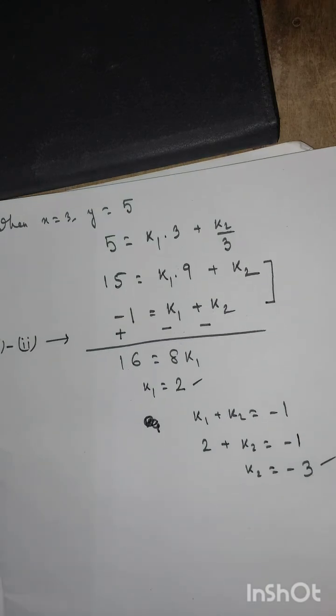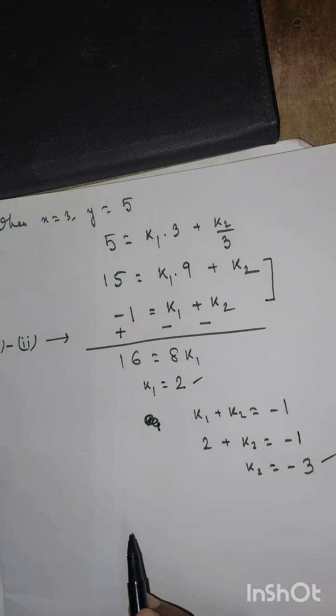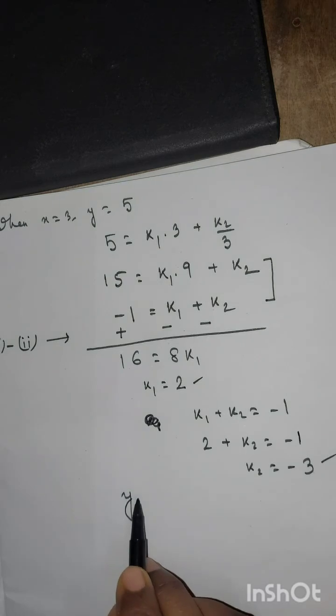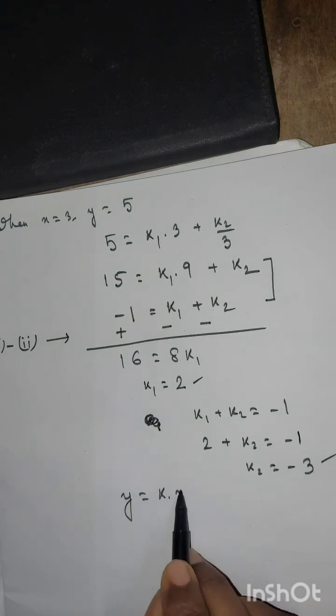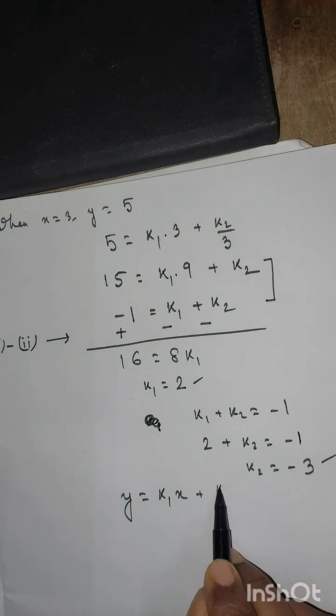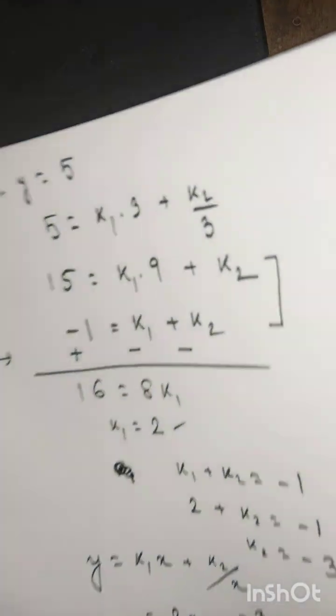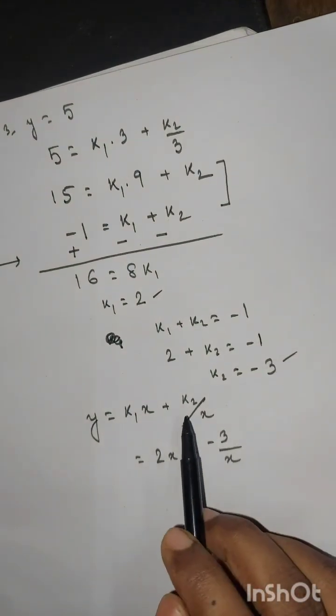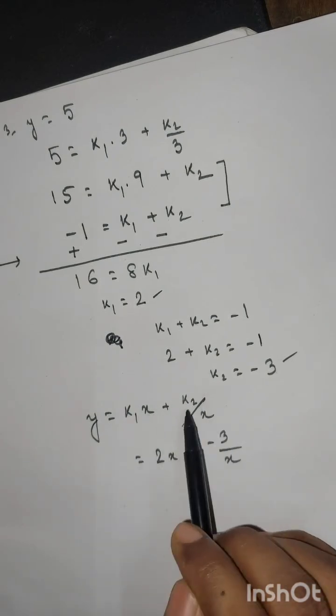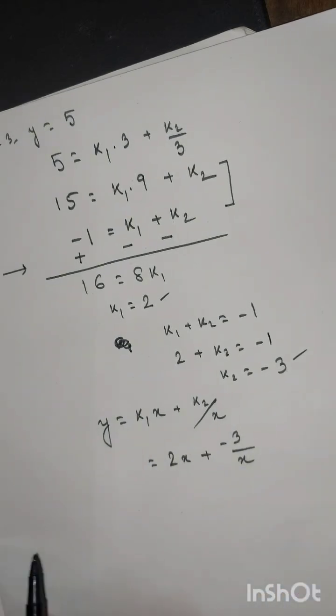Now if we write our equation number 1, the equation was y equal to k1 into x plus k2 by x.